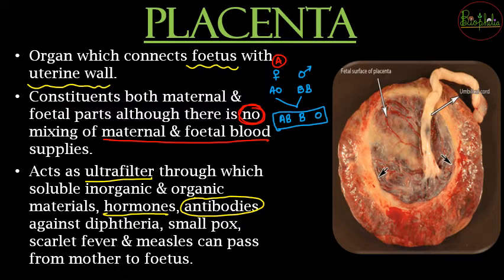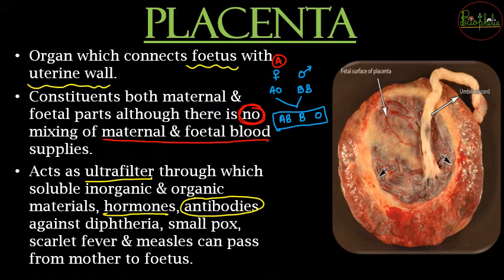So the mother has the experience of our body life on the earth, where she must have fought against these, and in her childhood she might have got vaccinated. So all those antibodies which have been formed in her body are now going to get filtered out and reach the fetal part.